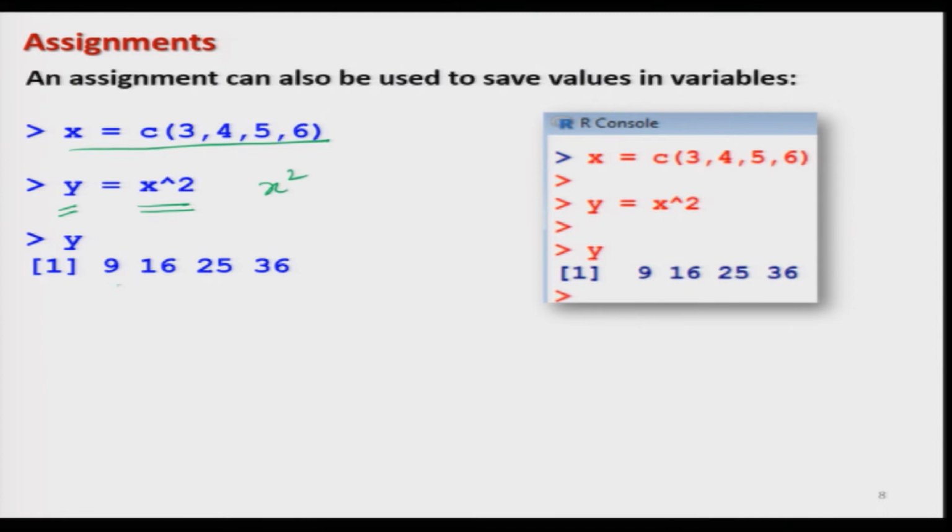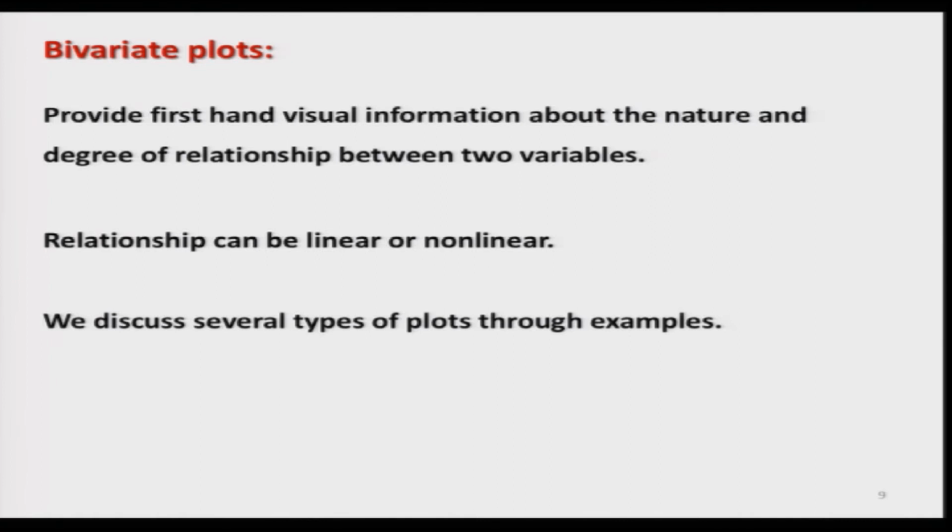So, y will become 9, 16, 25, 36. So, that means when we define the variables in terms of data vectors, that is also possible. That is what I am trying to show you here, right. And this is how the things will work without any problem.